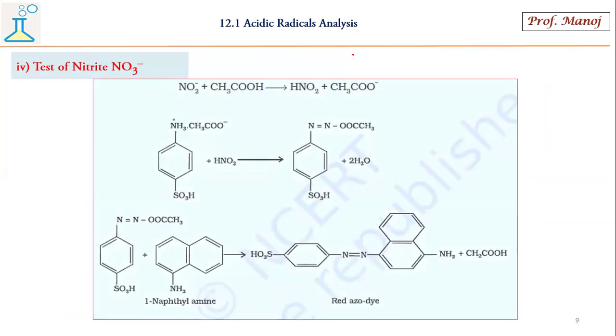So let us understand this particular test, the Griess-Ilosvay test. Our radical is NO2 minus. First, treat with acetic acid once again to convert into nitrous acid. Let us understand this particular chemical. This chemical originally is this way.